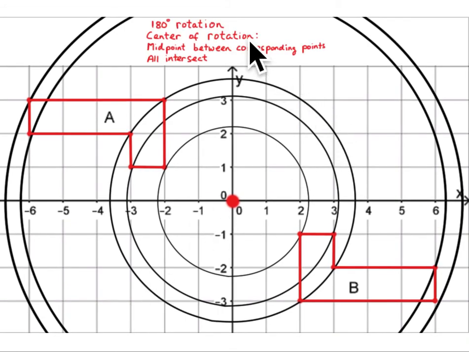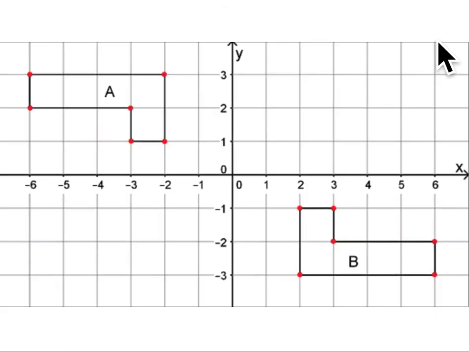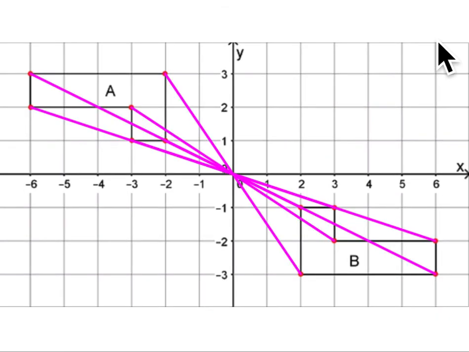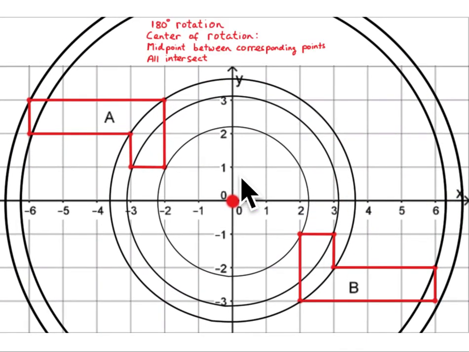So 180-degree rotation, center of rotation, the midpoint between the corresponding points, and all of those line segments, if you connect them, will intersect. And that's what we did back here. All of those lines will intersect. So 180-degree rotation. All right, practice problems for lesson 11.